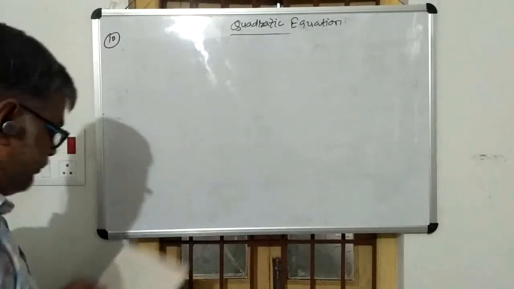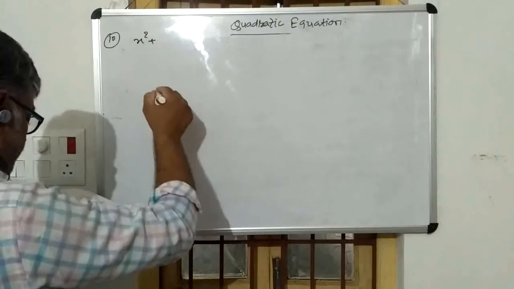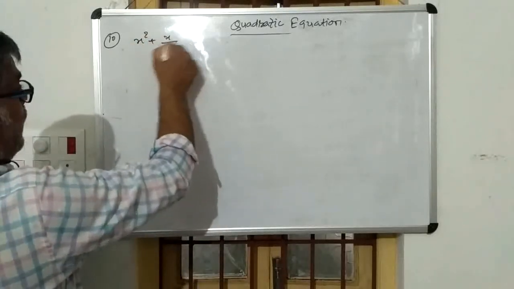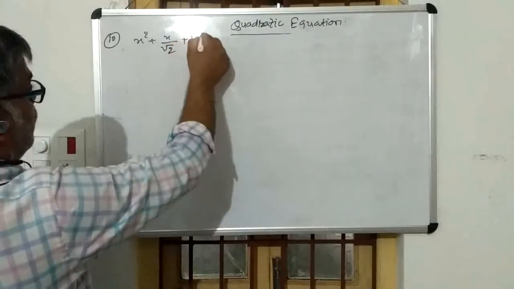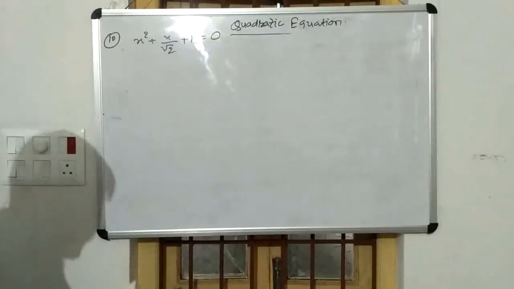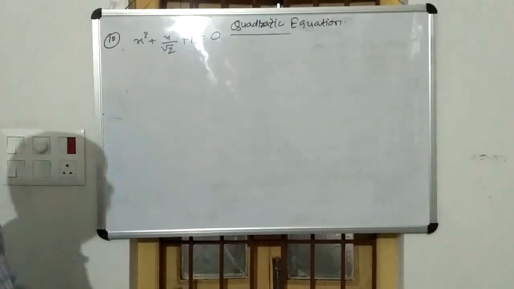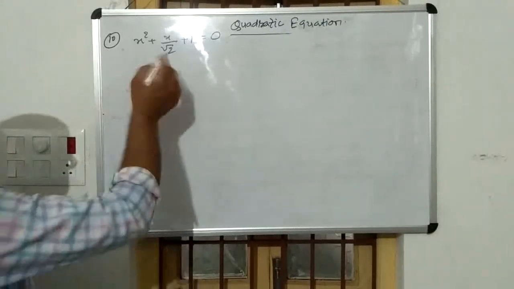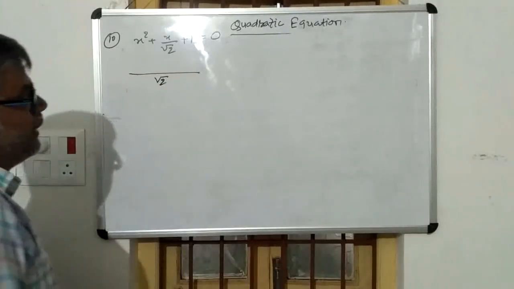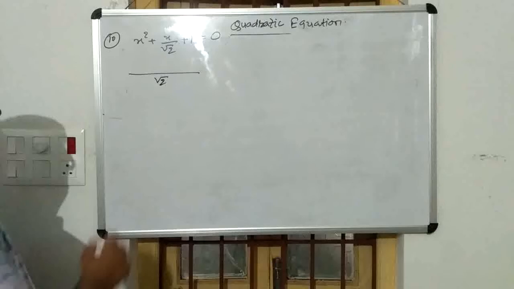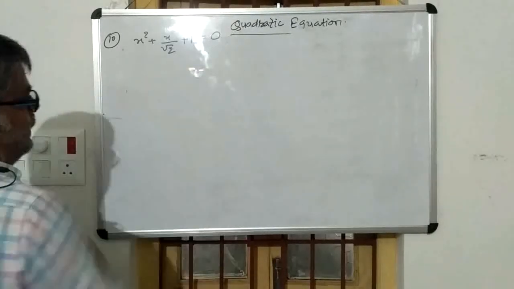Question number 10 is x square plus x by under root 2 plus 1 equals to 0. Since this equation is not in the standard form of quadratic equation, first you bring it in the standard form by multiplying by root 2 on both sides.